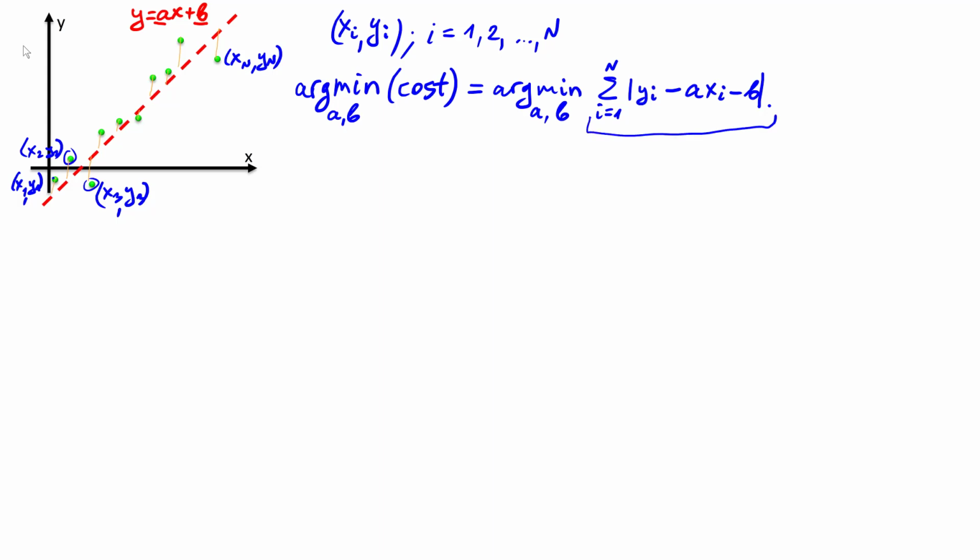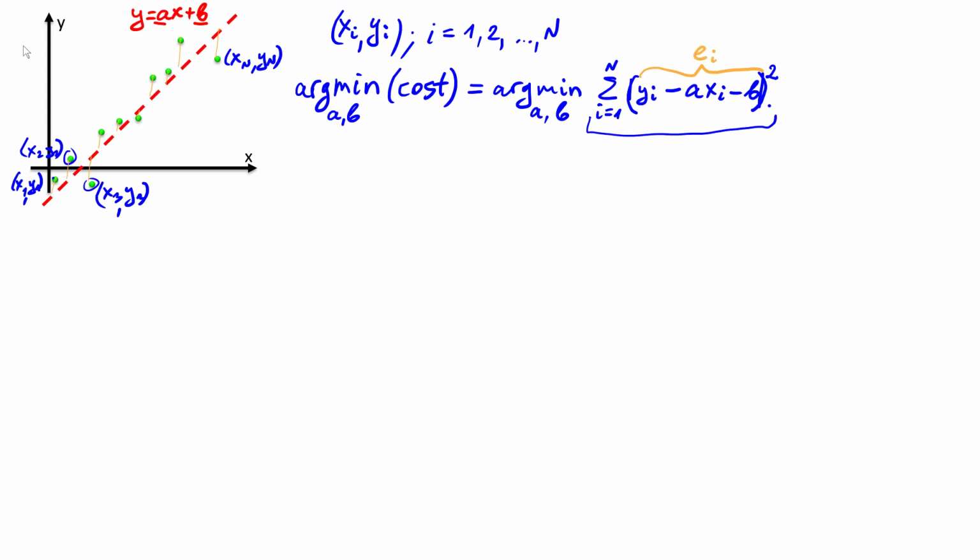And this is why we need to modify it a little bit. We still want to keep the same idea, but to make it differentiable. And this is where square error comes in handy. Instead of absolute values, we could use squares of the errors. So our cost function will be squares of the errors instead of absolute values of the errors. Pay attention that those numbers coming here are our errors.